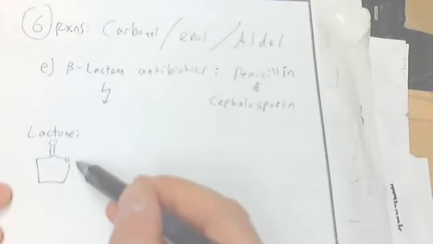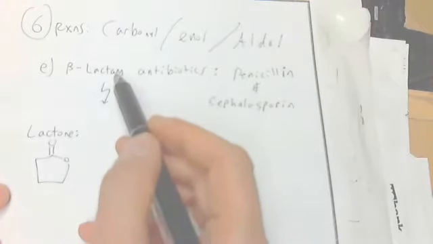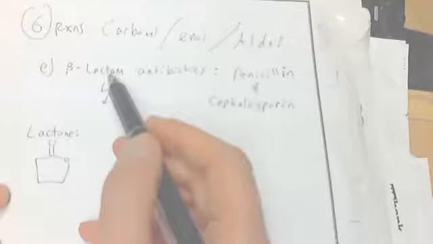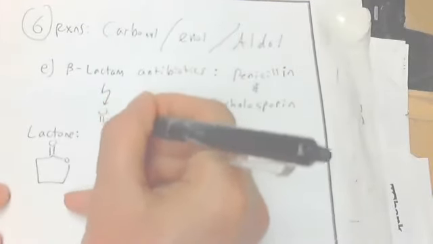A lactam is a cyclic what? Somebody said amine, and then somebody said amide, and the correct answer is amide. A lactam is a cyclic amide. So I could draw it like this. That would be a cyclic amide. This is an example of a lactam, but this is not a beta lactam.